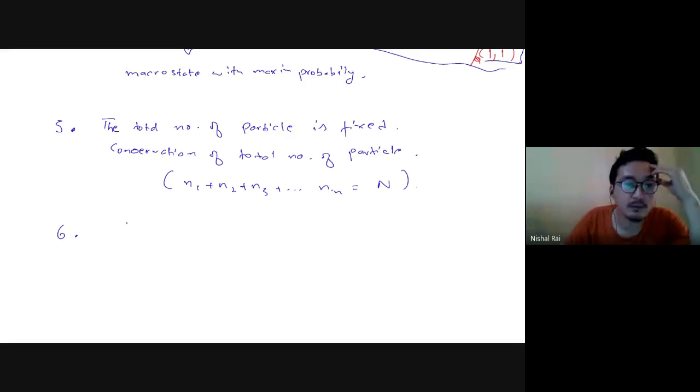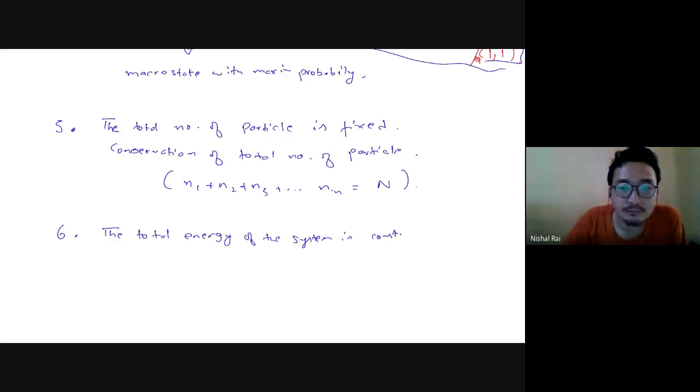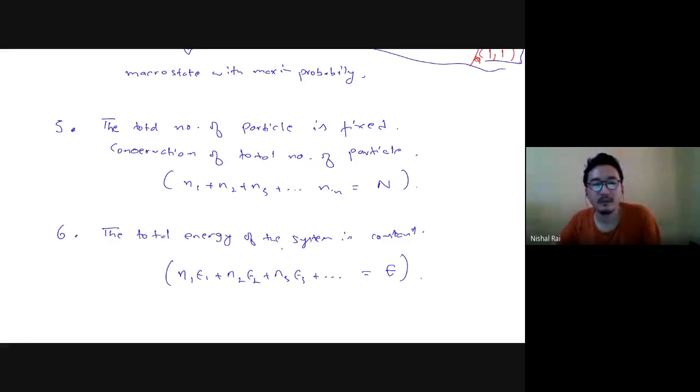Now, finally, what do we have? The total energy of the system is constant. I think you all remember n1 E1 plus n2 E2 plus n3 E3, and so on, will give you the total energy. Yes, sir.